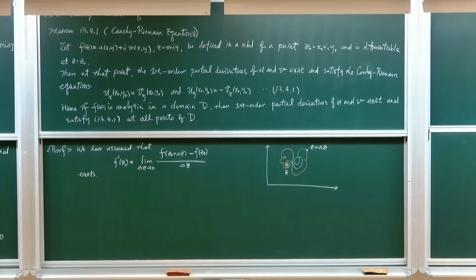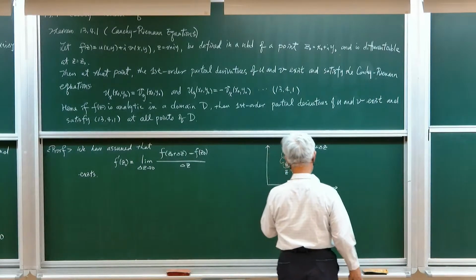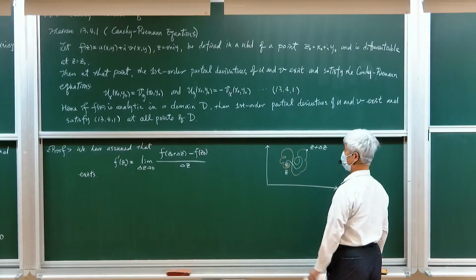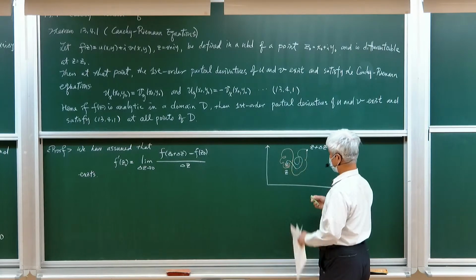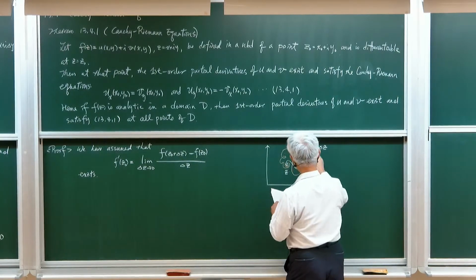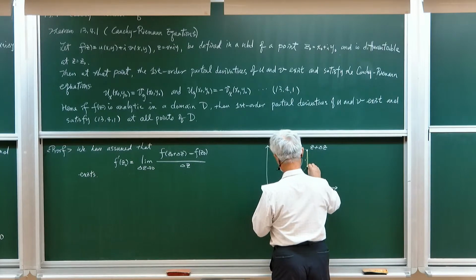Now we will take two particular paths to go to z. The path one is here.